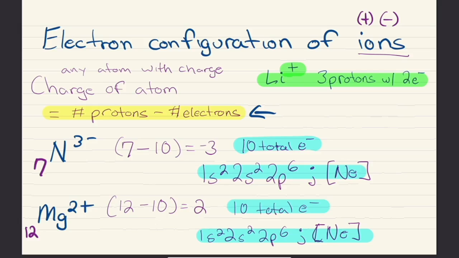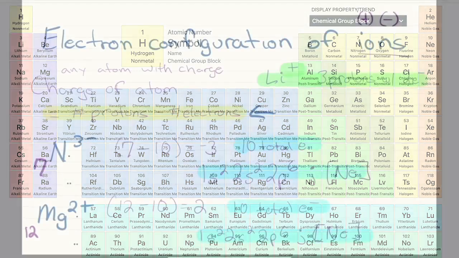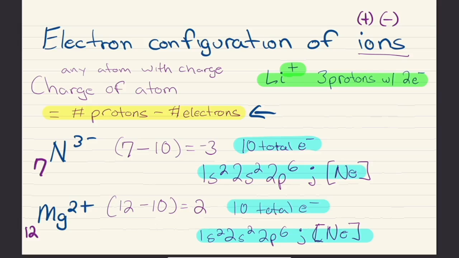And if we are paying attention to what is occurring to these atoms electronically, they are moving towards group 8, or they are moving electronically towards the noble gases because they both have a noble gas configuration.